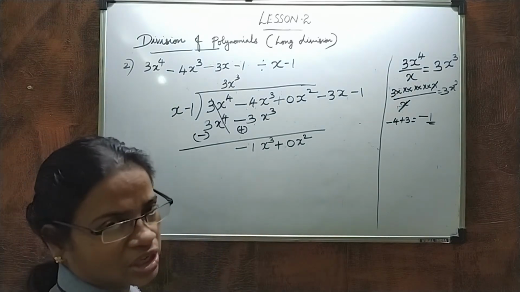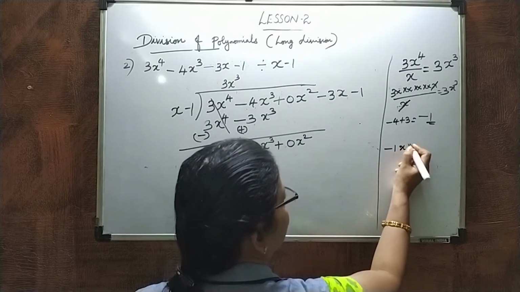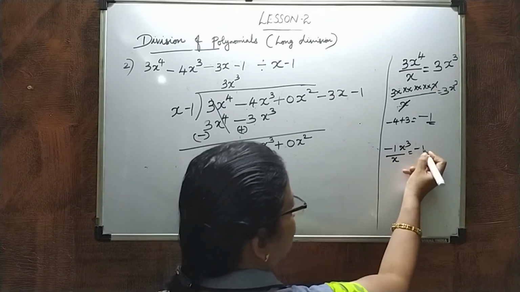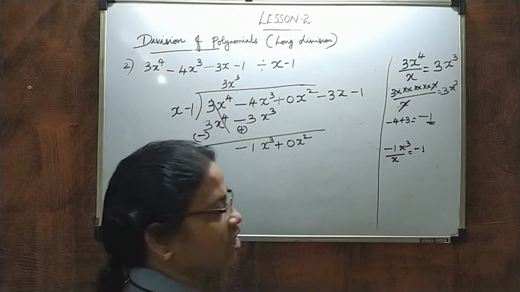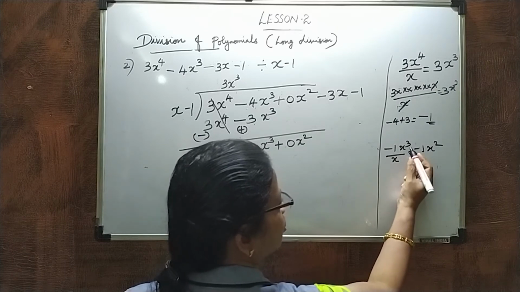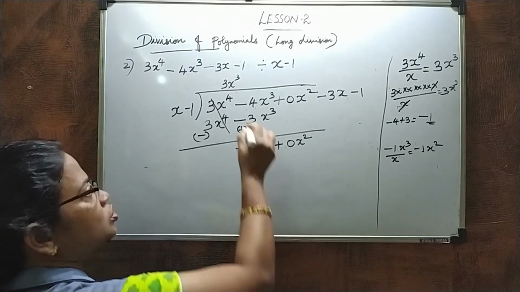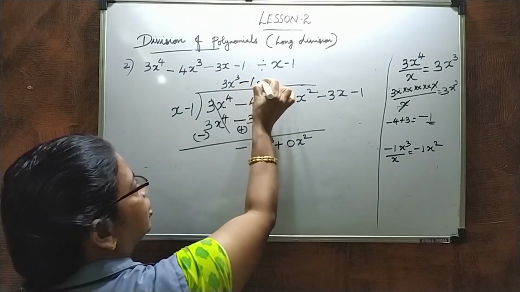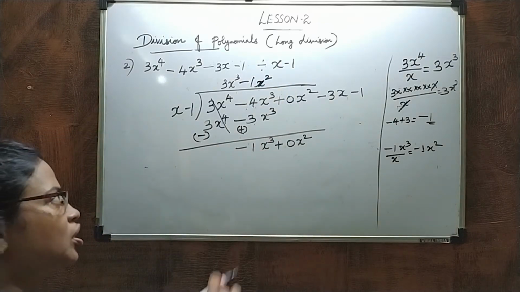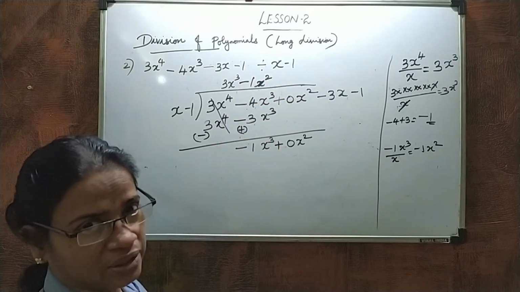Here same procedure. First term of the dividend divided by first term of the divisor. Negative 1 x cube divided by x. It is x square. A raised to m divided by a raised to n is equal to a raised to m minus n, 3 minus 1. It is 2. So, it will be negative 1x square. After division, multiplication. Multiply negative 1x square with x minus 1, don't leave the negative sign.